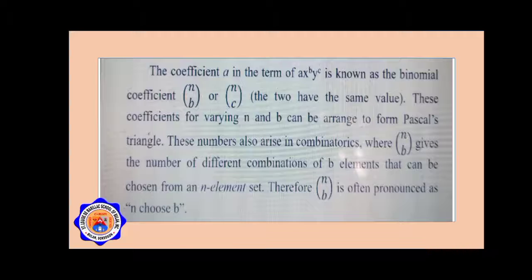The binomial coefficient n choose b and n choose c have the same value. The coefficients for varying n and b can be arranged from Pascal's triangle.